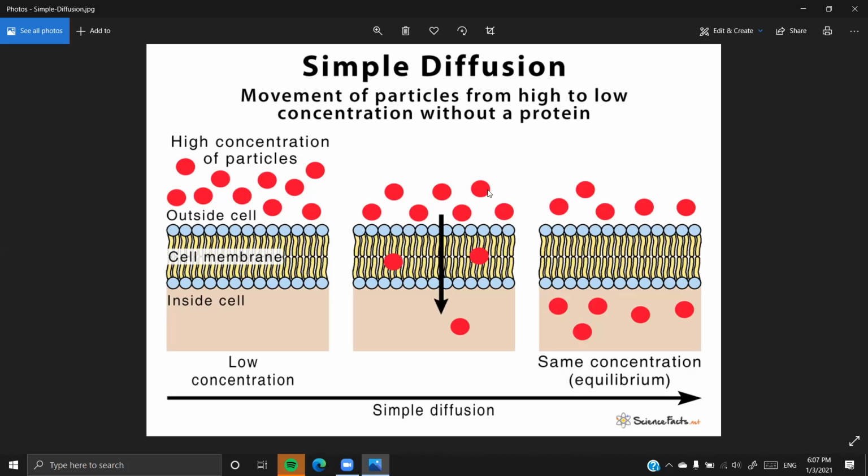So if there is high concentration, then in order to maintain the equilibrium, the molecules will be using their kinetic energy to move from a higher concentration to the lower concentration, which we call your simple diffusion process.